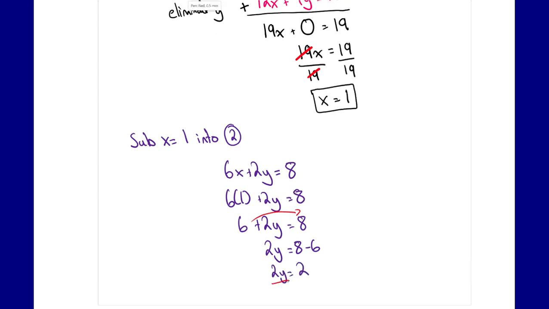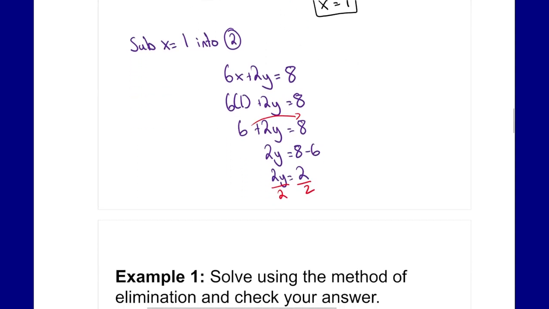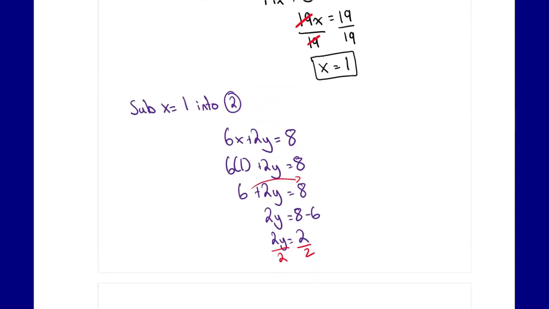I'm going to get y by itself by dividing both sides by 2. And I have y is equal to 1. Therefore, the point of intersection is the point (1, 1).